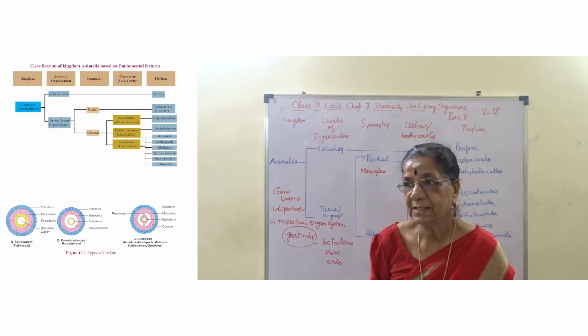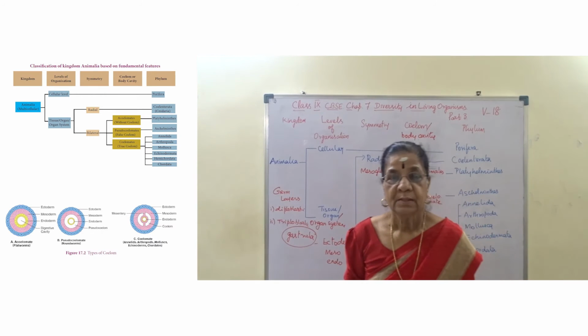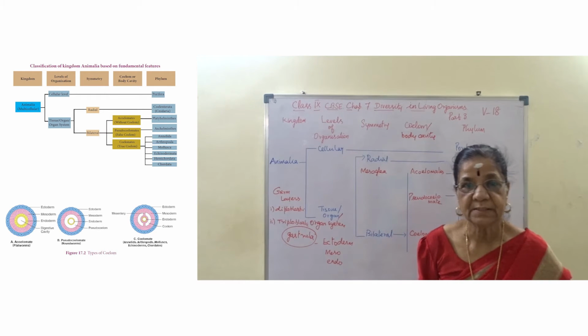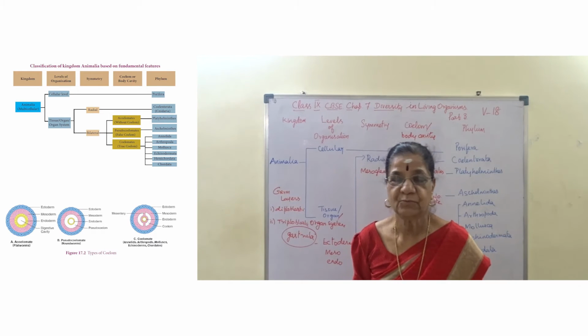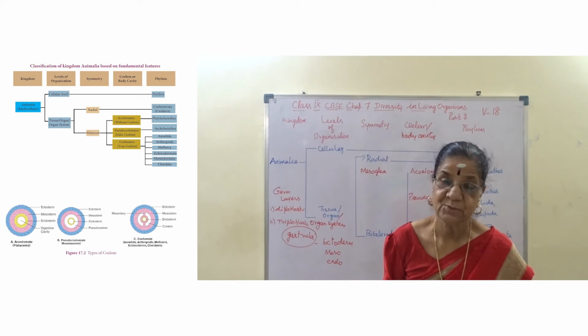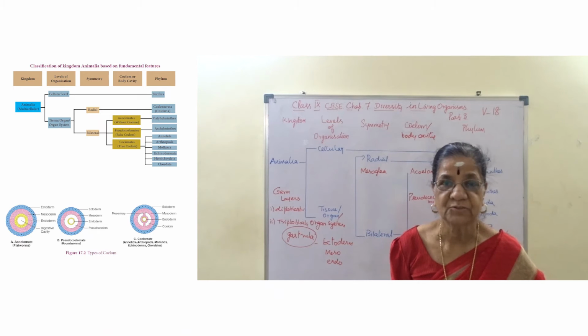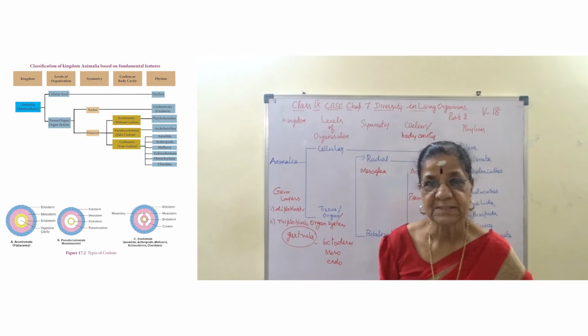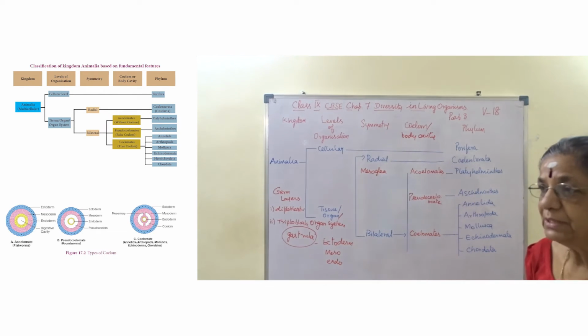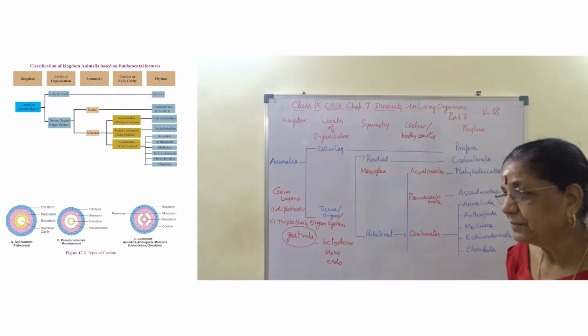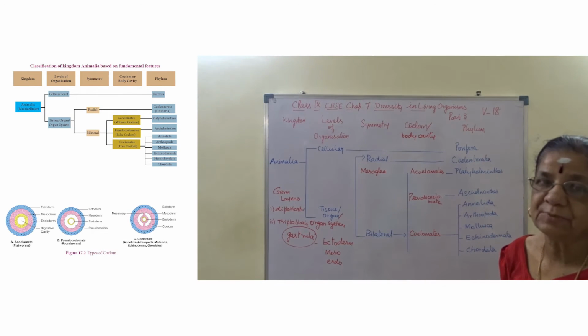So bilateral symmetry, animal should be cut at definite plane to get two equal halves. I hope you understand this. So this is bilateral symmetry. So based on the symmetry, whether the animal is radial or bilateral, they are classified.